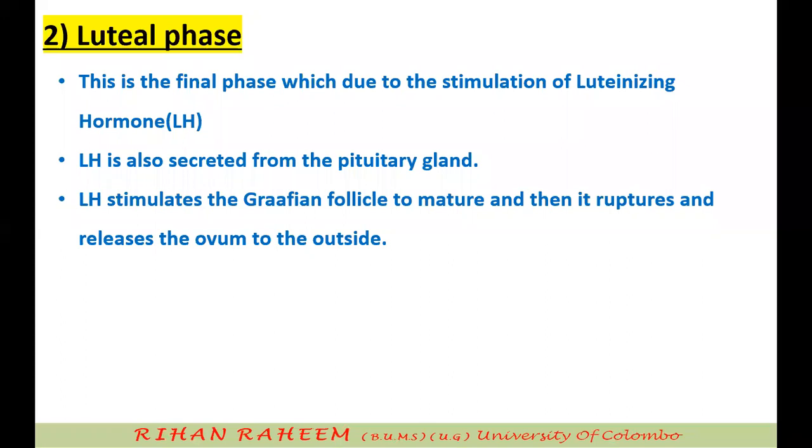LH, luteinizing hormone, stimulates the Graafian follicle to mature, and when it ruptures, it releases the ovum to the outside. Exactly on the 14th day, this luteinizing hormone is coming and helping the Graafian follicle to blast and release the ovum.